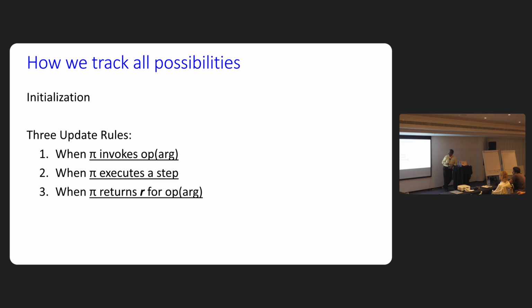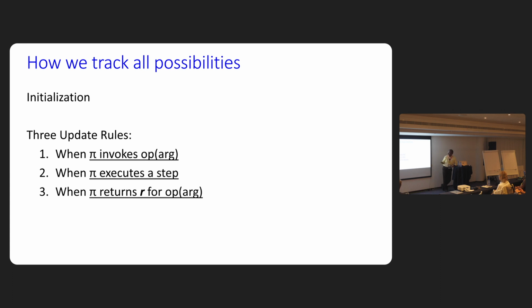The third update rule tells us how to update the set when pi returns from an operation by returning some value r. So how do we track possibilities? By thinking reasonably about how to initialize the set and what to do when any of these steps happens. Any step in an execution is going to be one of those 3 kinds, and therefore this is an exhaustive set of rules for how the set of possibilities is maintained.